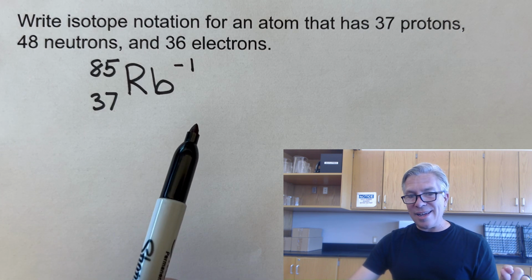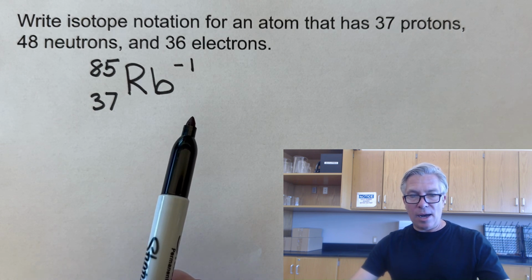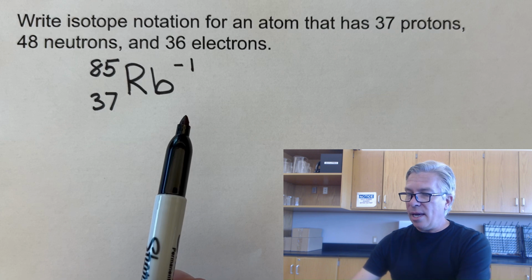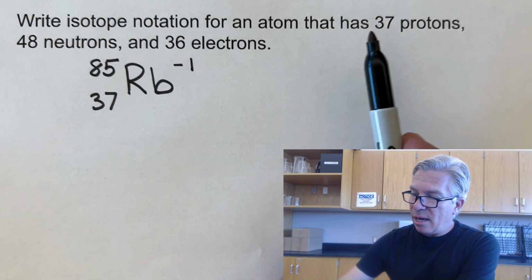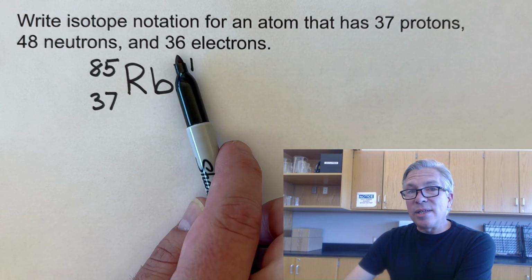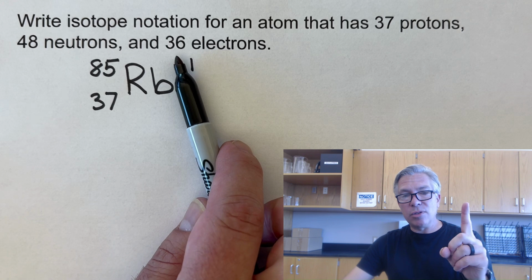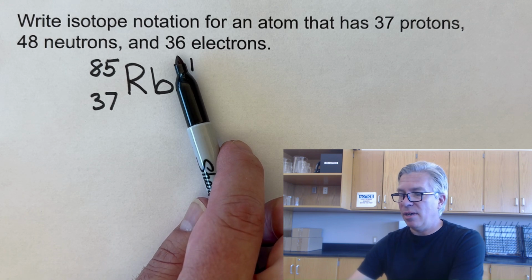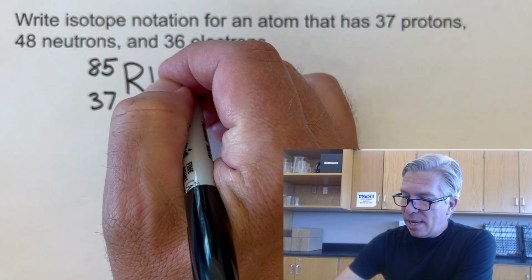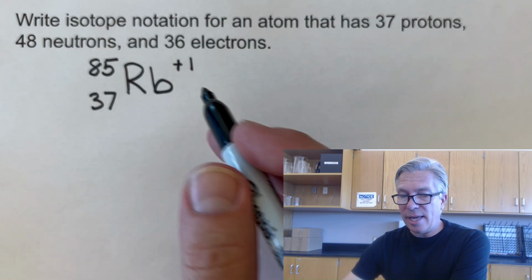Because electrons are negative, if you lose a negative, it's almost like gaining a positive. Another way to think about it is that now you've got 37 positive protons and only 36 negative electrons. And so you actually have an extra one positive that makes the entire ion into a positive one ion. That's a cation.